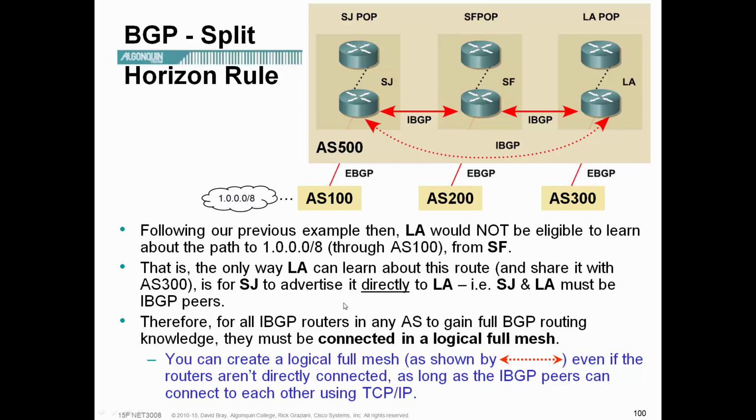This is what this bullet is saying: the only way LA can learn about this route and then share it onwards externally is for SJ to advertise it directly to LA. So they have to be iBGP peers.